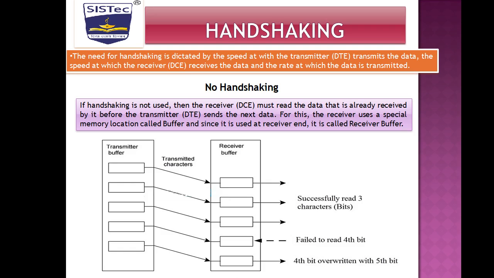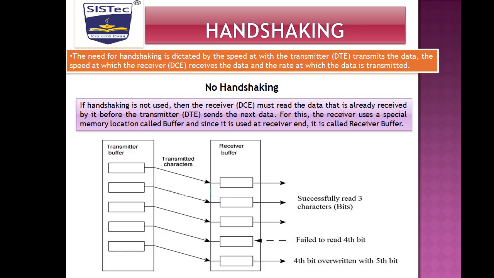If handshaking is not used, then it is compulsory for the receiver to read the data that is already received by it before the transmitter, or we can say the data terminal equipment, sends the next data. For this purpose the receiver uses a special memory location called a buffer.